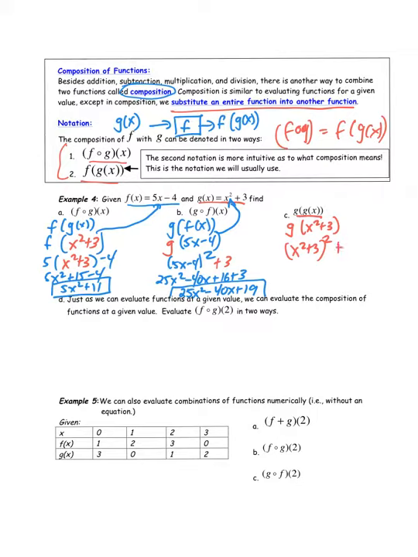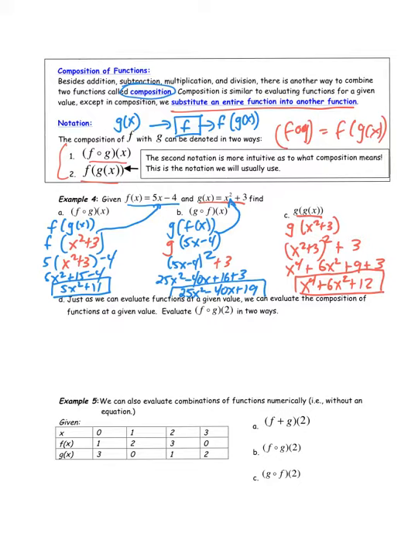And then we still need to add 3. X squared plus 3 squared is going to become x to the 4th plus 3x squared plus 3x squared, which will be 6x squared plus 9. And we still have to put the plus 3 there. And then we'll get x to the 4th plus 6x squared plus 12 is going to be G of G of X.